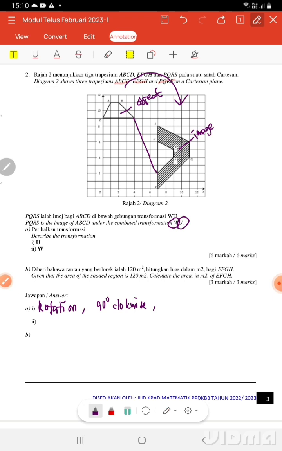And if you have a composite, then you can do your perpendicular line. So here our perpendicular line.